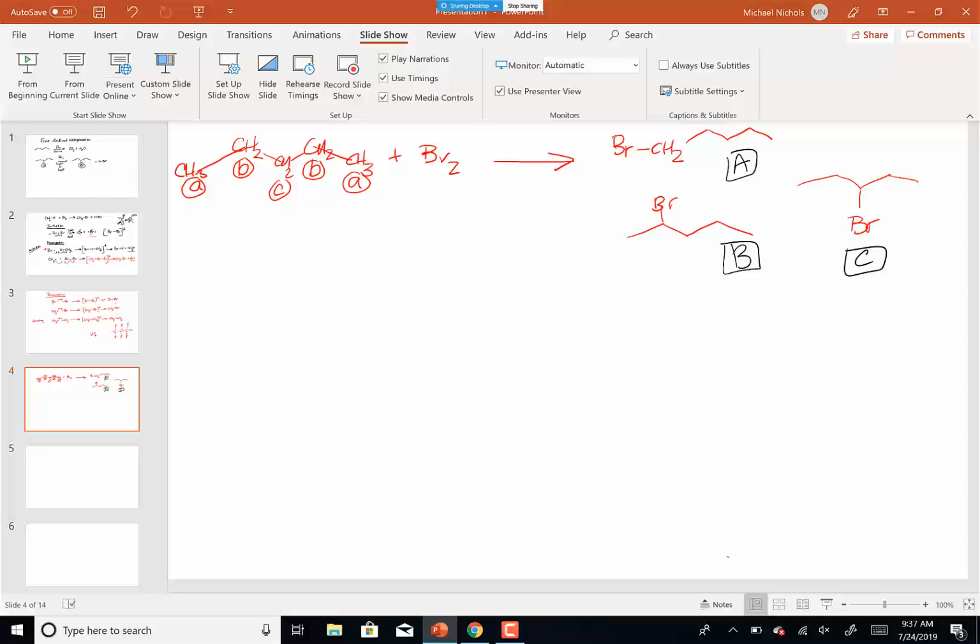For some of you, this looks pretty familiar, doesn't it? Because this is how we're telling the difference, which hydrogens give the different peaks in the NMR spectrum.